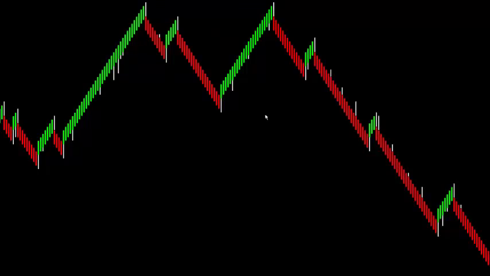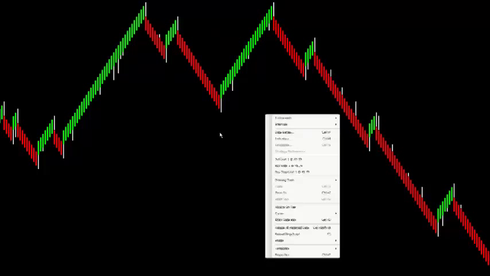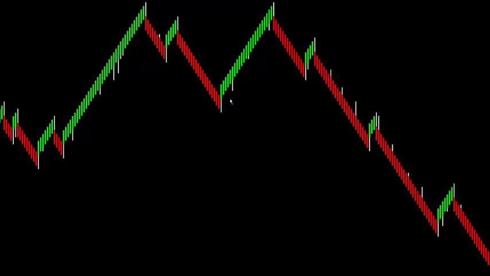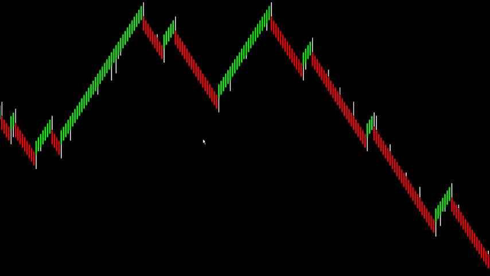What I want to do here is put on the BR signals, but I want to put all of them on, because a BR signal, if you look at this little green bar with this long wick, that's why they thought it looked like a bottle rocket, so they gave it the label BR. It could have been a dot marker for all that matters. But anytime you see a wick, no matter how small, that's a possible area where a BR signal could form.